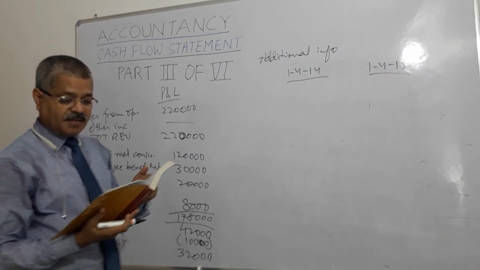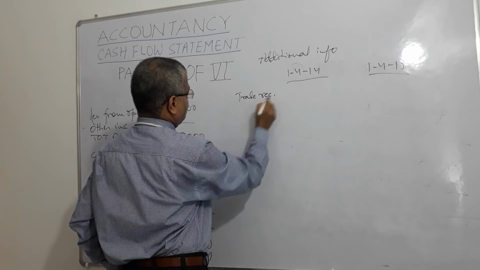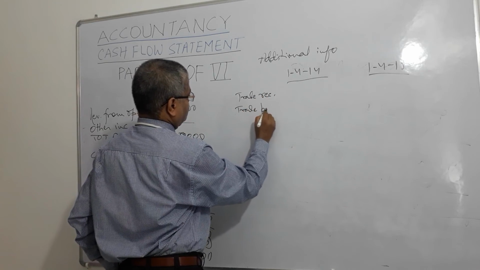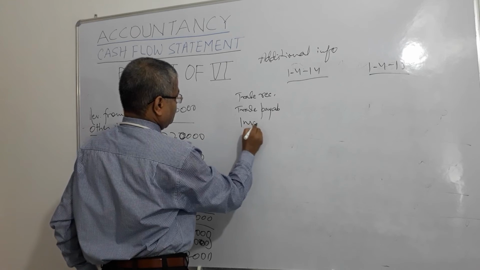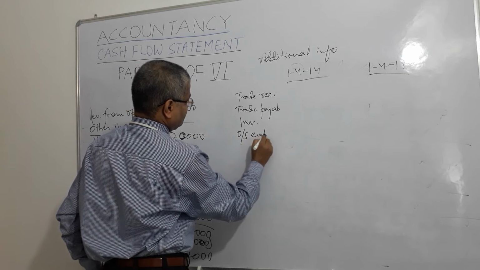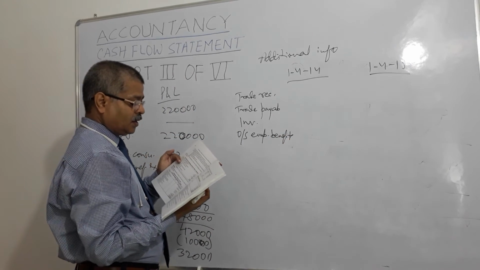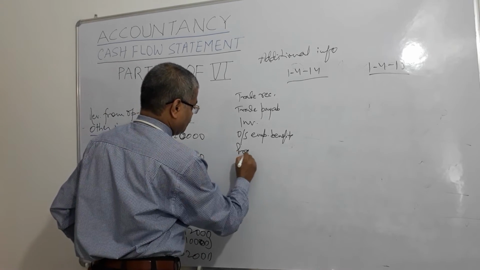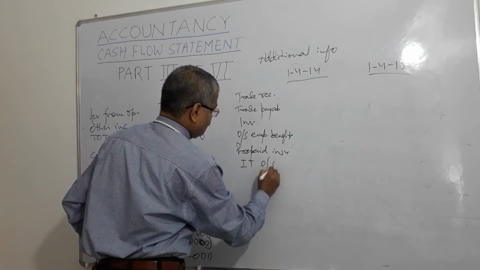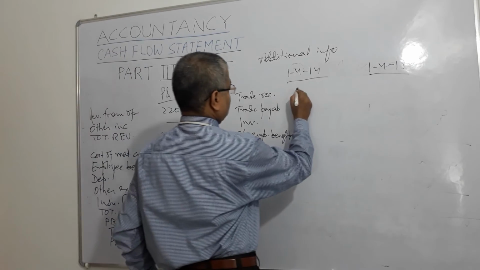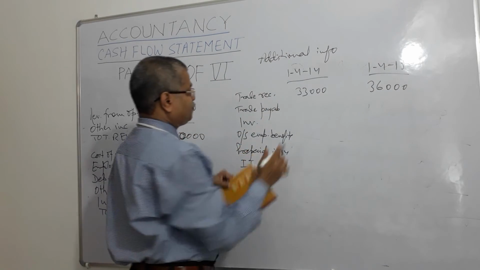Certain additional information has been given: trade receivables, trade payables, inventory, outstanding employee benefits, prepaid insurance, income tax outstanding, 33,000 and 36,000, 17,000 and 15,000.